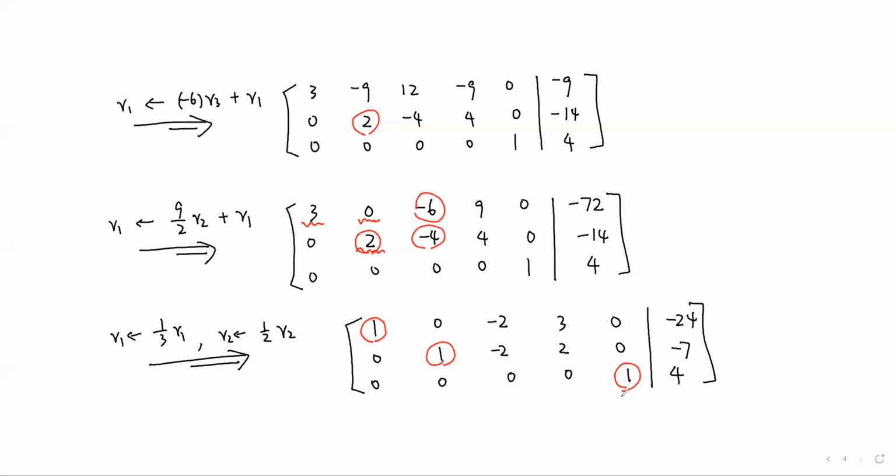The 5th column is a pivot column. The first column are the coefficients of the variable x1. Second column, coefficients of variable x2. Similarly, this is x3, x4, x5.